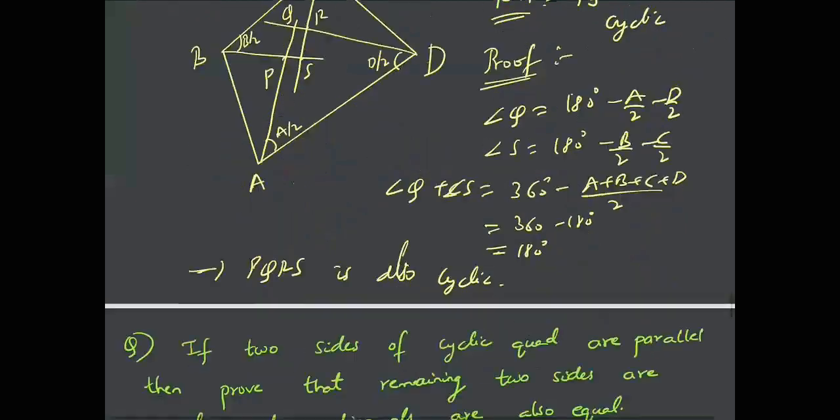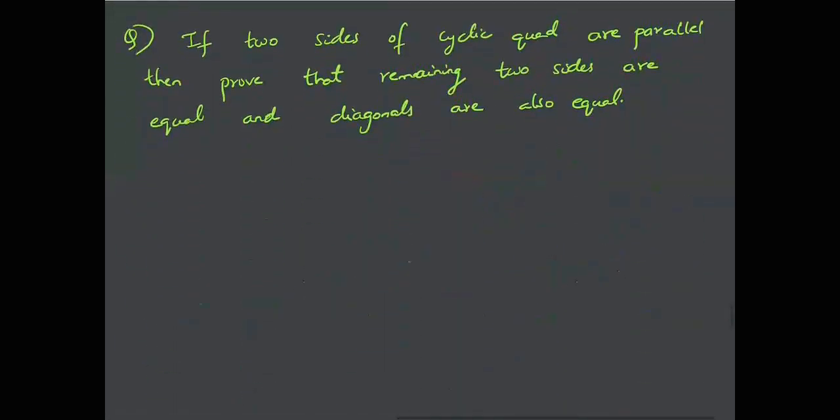So let us move forward. If two sides of a cyclic quadrilateral are parallel, then prove that the remaining two sides are also equal and diagonals are also equal. So try this question.